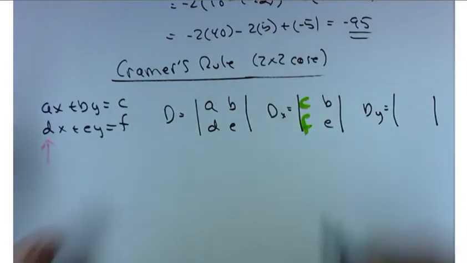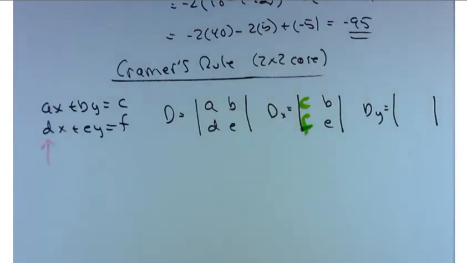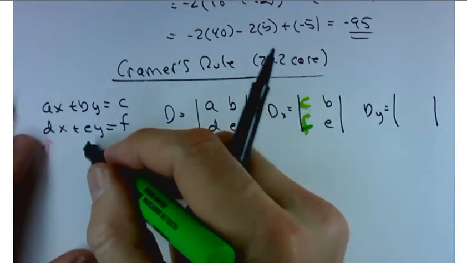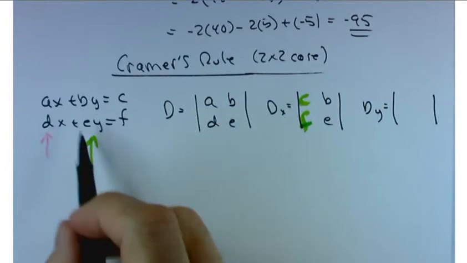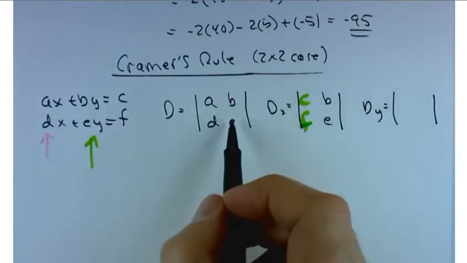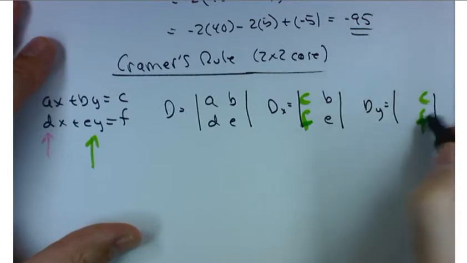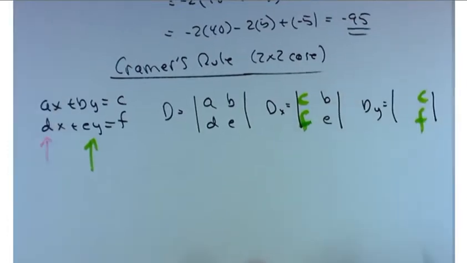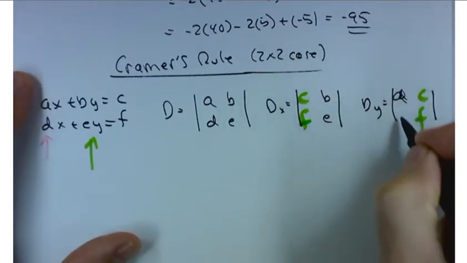Let's see if we can repeat that and figure out what Dy is going to be like. So for Dy, I'm going to do likewise. I'm going to replace the column of y's, that is the coefficients of y here, with c and f. What do you think is going to be left over here? a and d.